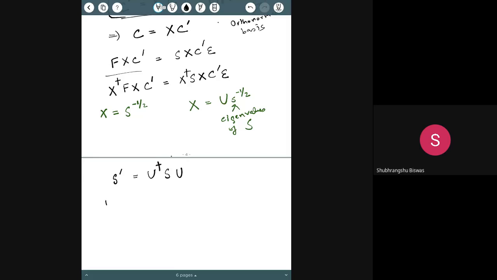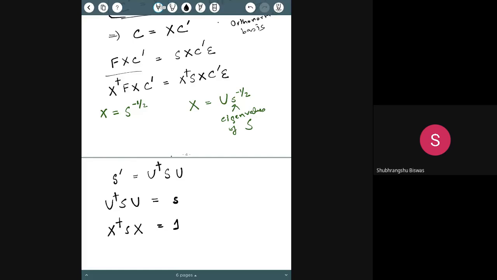It would only be orthogonal. Why? Because U dagger S U is basically small s, which is the eigenvalues. It's not a unit matrix. But what we want is X dagger S X to be a unit matrix. So this is the difference.